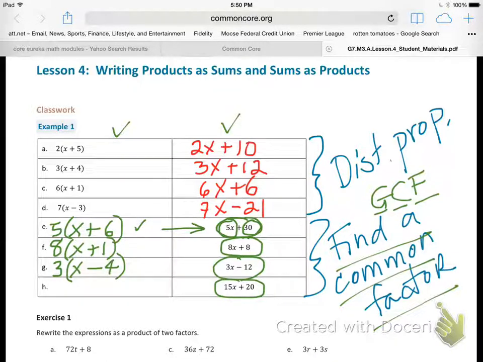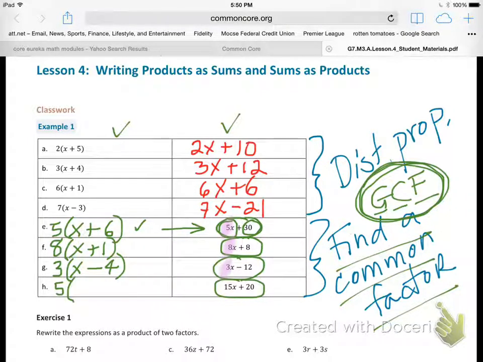Okay, 15x and 20. We need the greatest common factor. In this case, it's not going to be one of the actual numbers, as it was in the others. It doesn't work that way here. So just remember, you're always trying to find the GCF, the greatest common factor, and between 15 and 20 that would be 5.